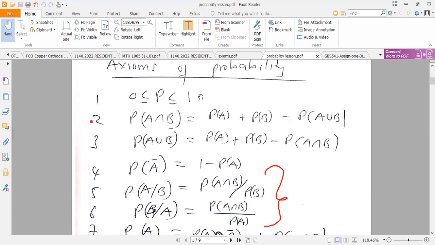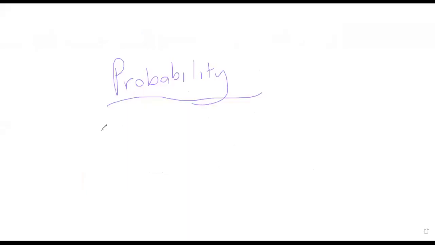Then we have what is called the additivity of probability, the additions. When we're adding set A and set B, we're uniting them, so that is called the union set. If we add A and B and it's giving us 100%, that is the union set. For disjoint sets, they look like this.